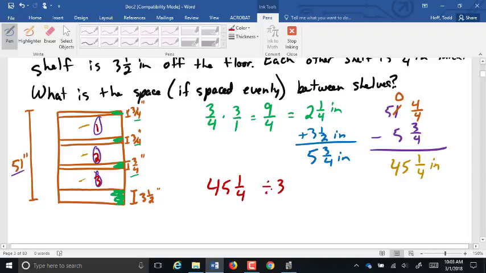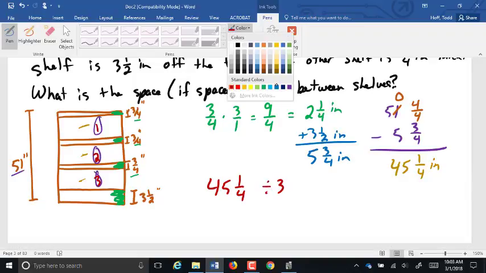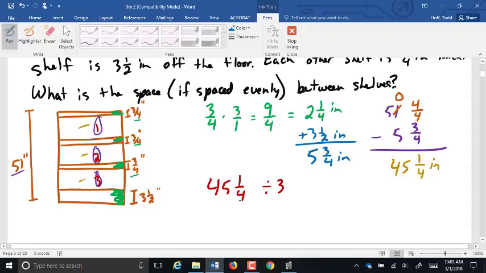So 45 1/4 divided by 3. 45 times 4 is 180, plus 1 is 181 over 4. Dividing by the 3, we make that a 3 over 1. So we times 1 over 3.